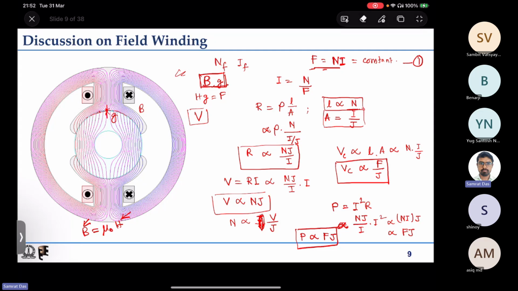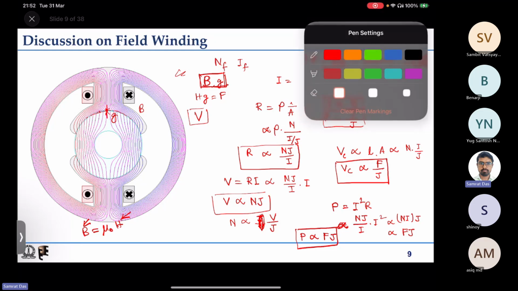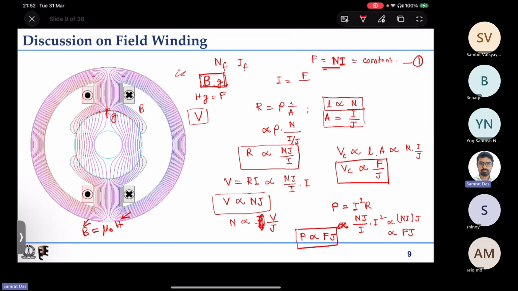So I will be equal to F by N. So for a fixed MMF, current and number of turns are inversely proportional to each other. That is what this first equation tells us. No matter what other thing happens, if we are fixed on B and fixed on G, that means our MMF is fixed. That means N into I is fixed.